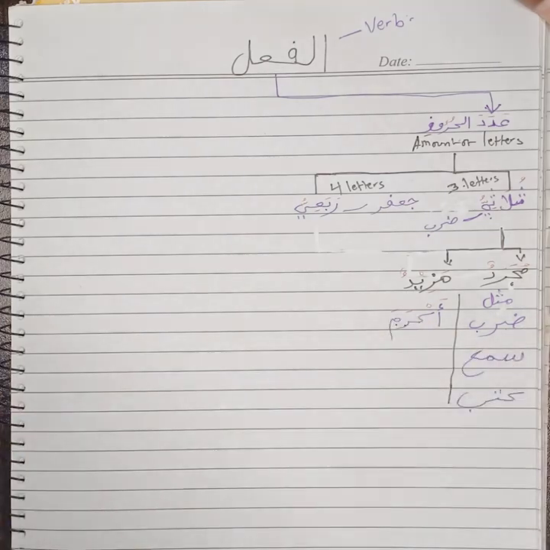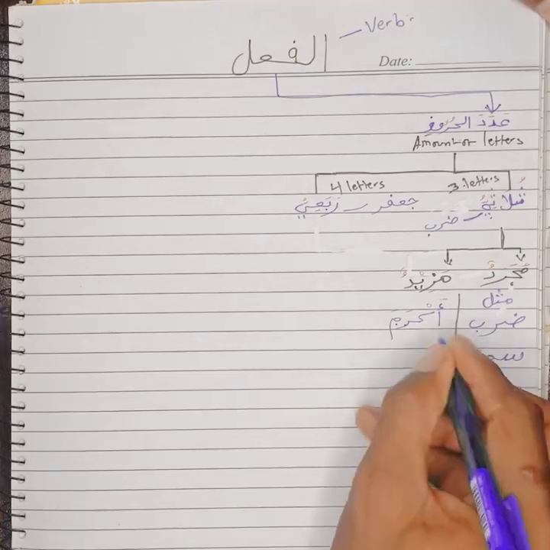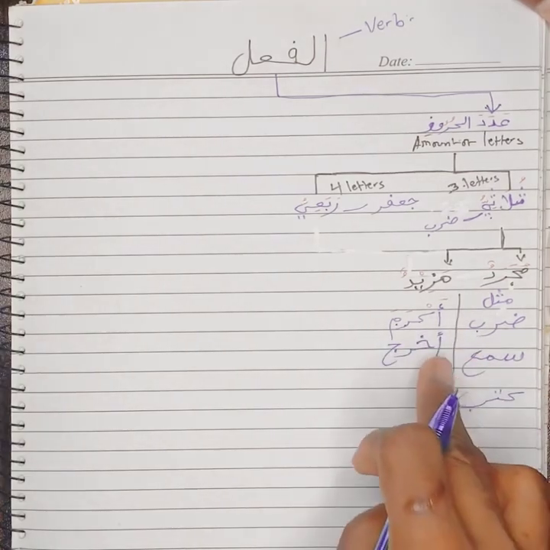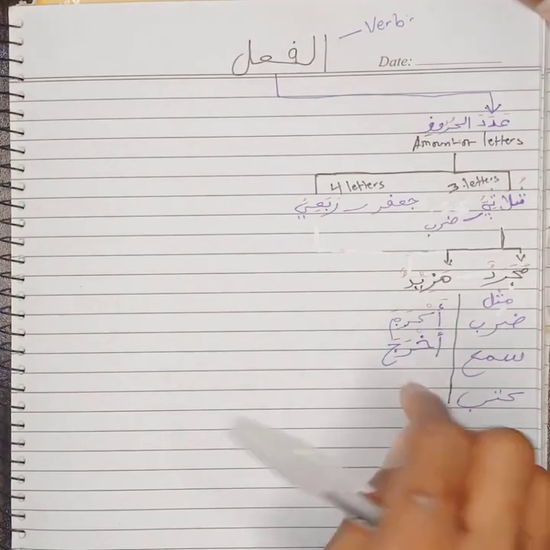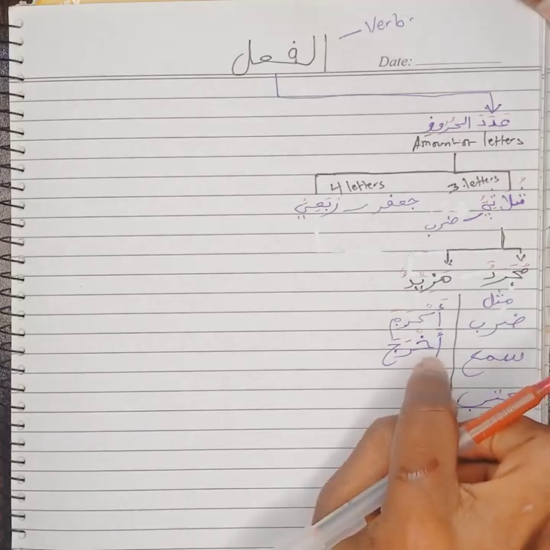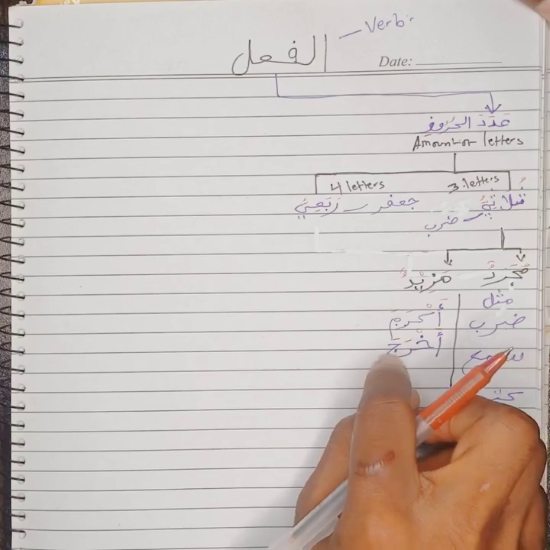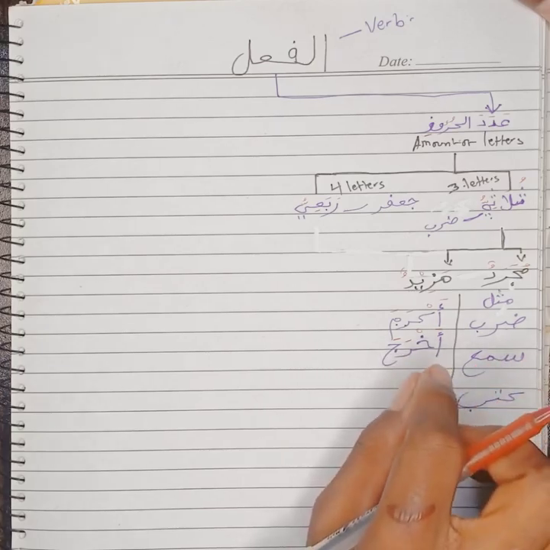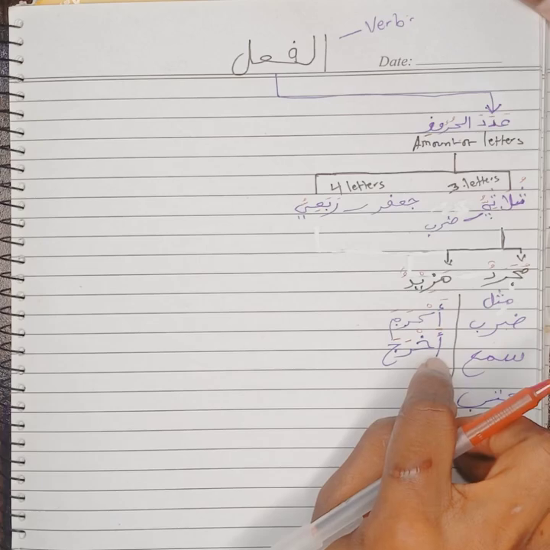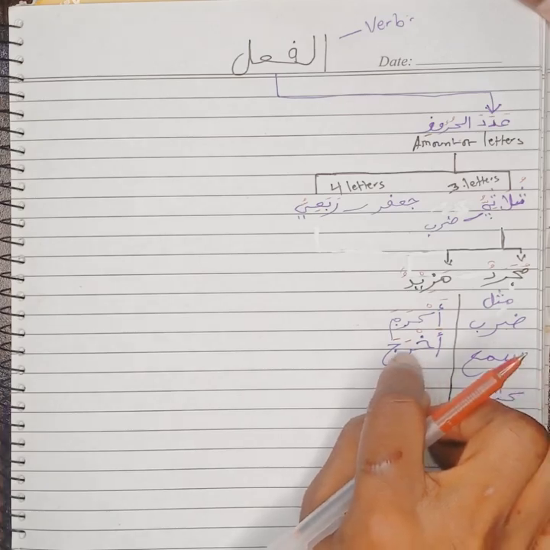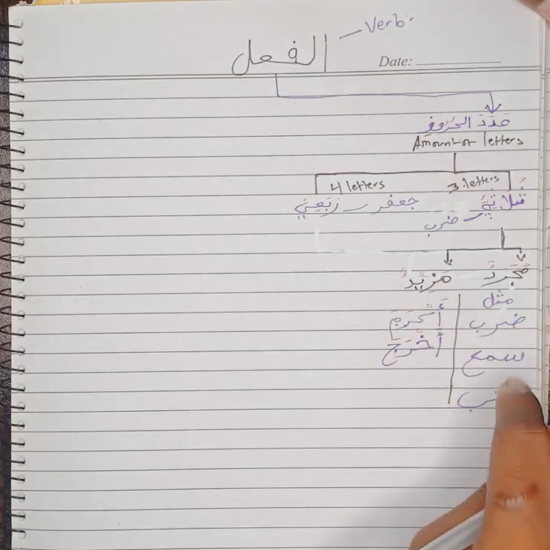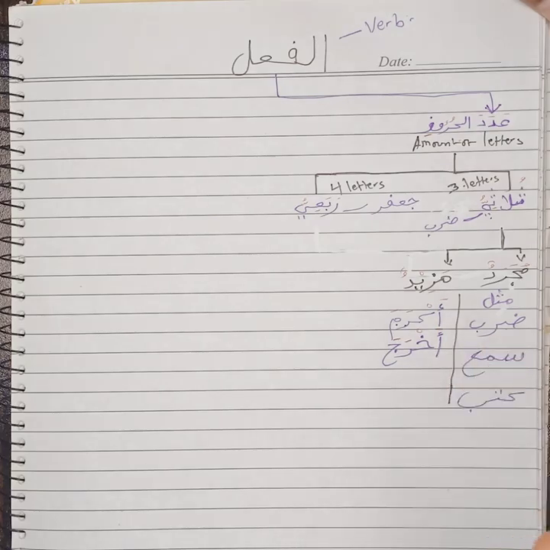Let's use another example for further understanding. We use akhraja. Akhraja means to take something out. But here we have only three original letters: Kha, Ra, Jim. The Hamza here is an additional letter. Kharaja is a verb in Thulathi Mujarrad; they add an alif to make it Thulathi Mazid, which gives it another meaning.